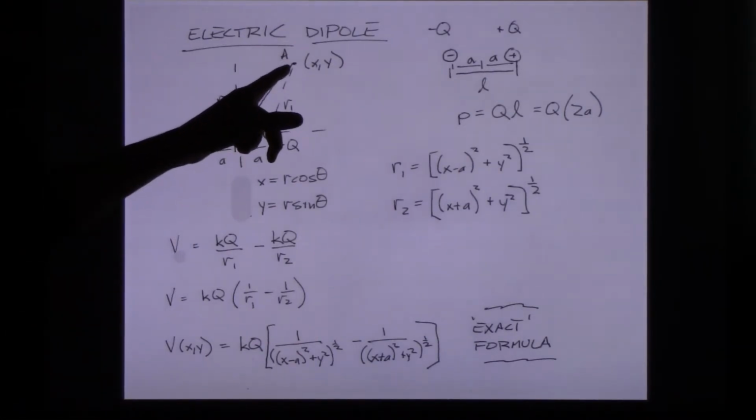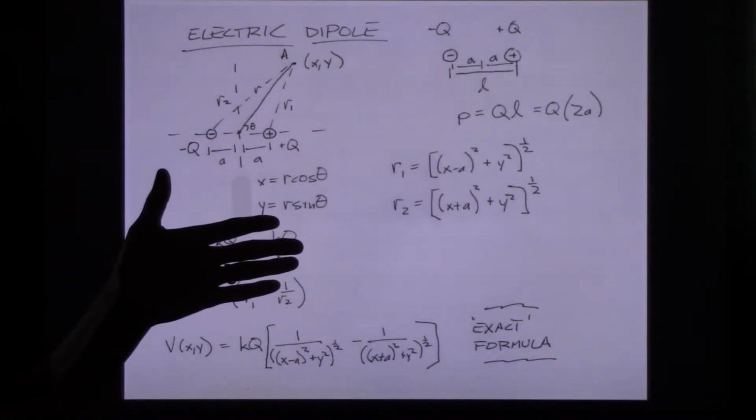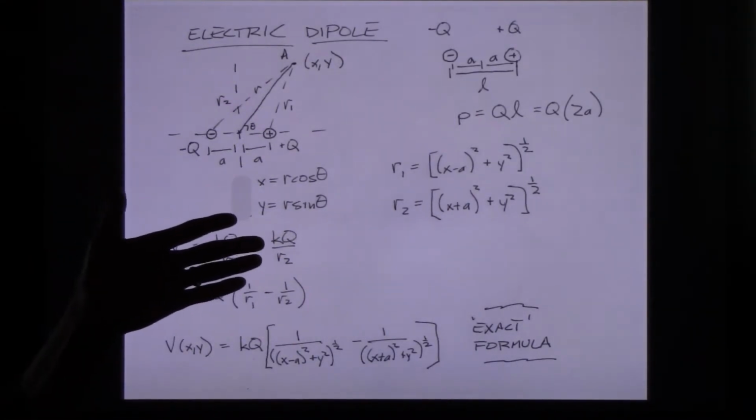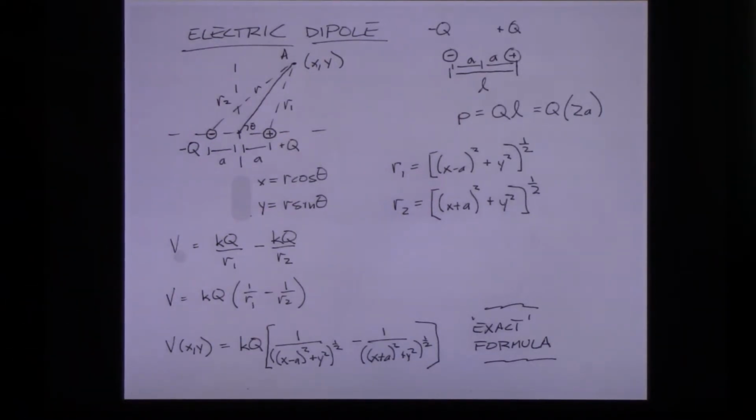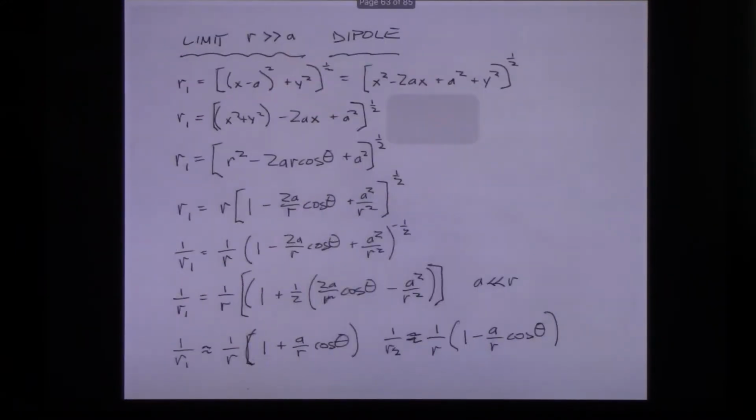So once we've identified the potential at point A, that applies to a circular path that wraps around that x-axis. So that's it, an exact formula. We didn't get that with the electric field. It was too hard.